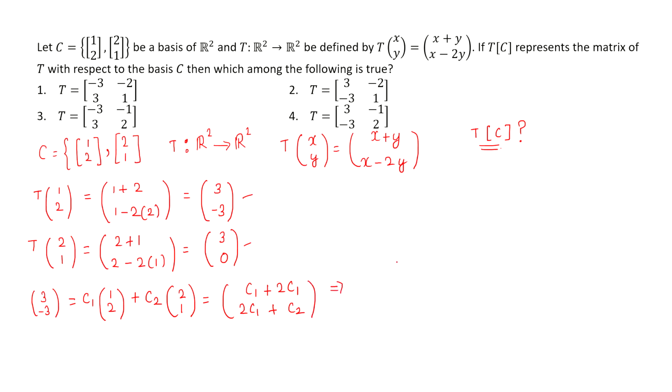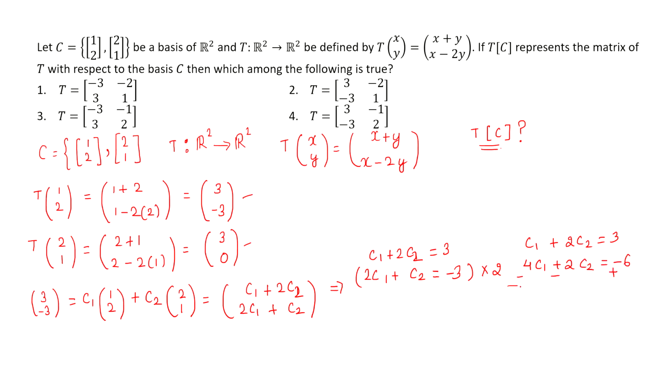So this implies we have to solve the equations C1 + 2C2 = 3 and 2C1 + C2 = −3. How can we solve them? Let us multiply the first one by 2. So this is 2C1 + 4C2 = 6.